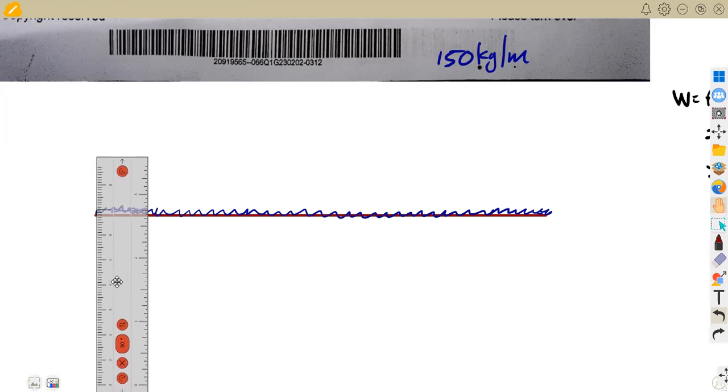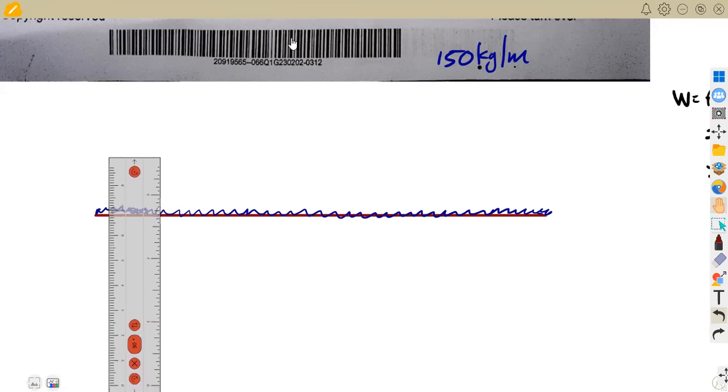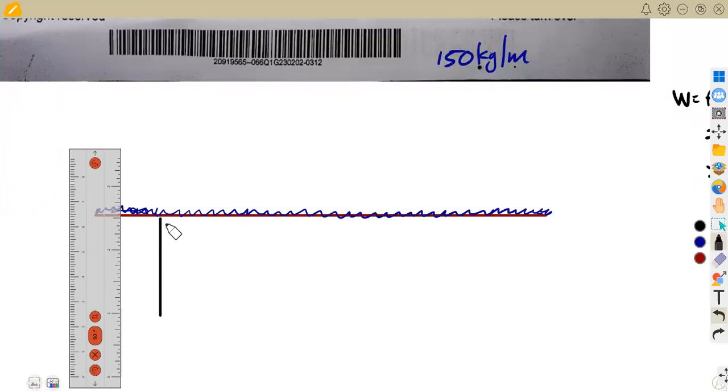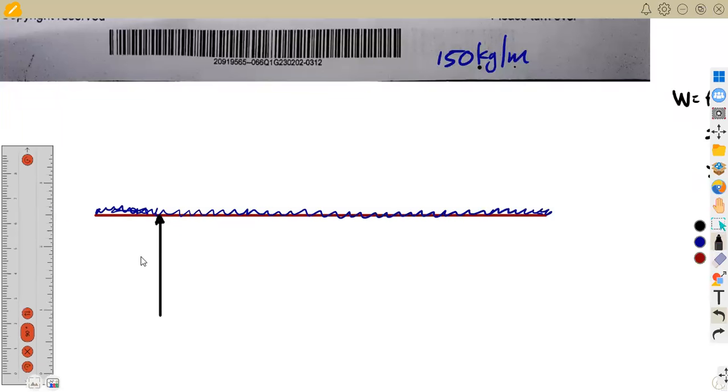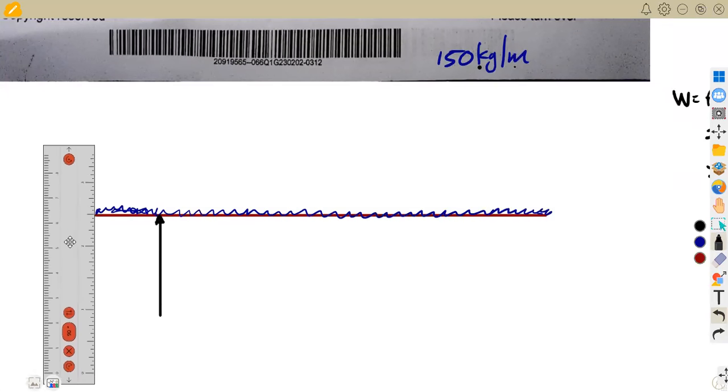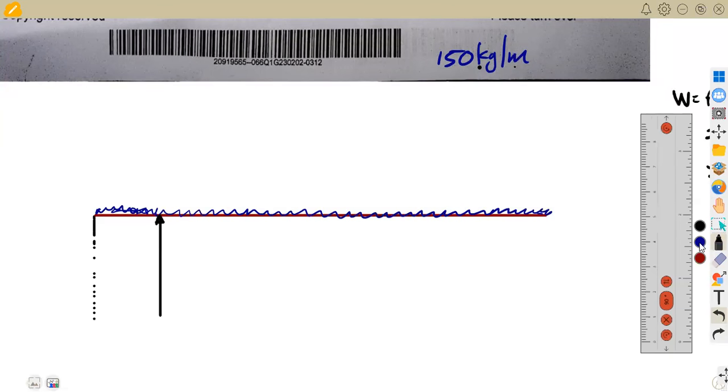Just 2 meters from there, remember a support is going up, so we are going to have our support here facing up. That's 2 meters from the left end. At the left end, we do not know what's going to happen. Maybe there's a point load there or not. Let's just put dotted lines to indicate our starting point. What we just know so far is that the distance we are given is 2 meters.